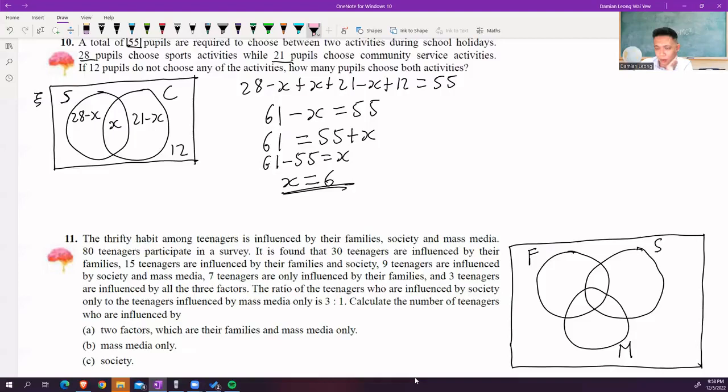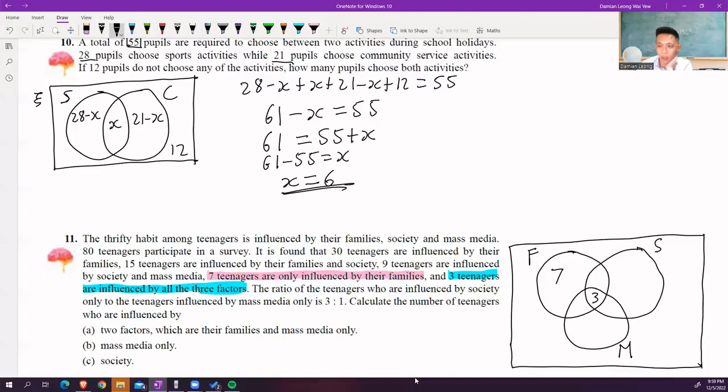Just now, 7 teenagers are only influenced by their families. Only by their families means here, there is 7. Yeah. 3 teenagers influenced by all 3 factors means the intersection of all 3 will be 3 here.